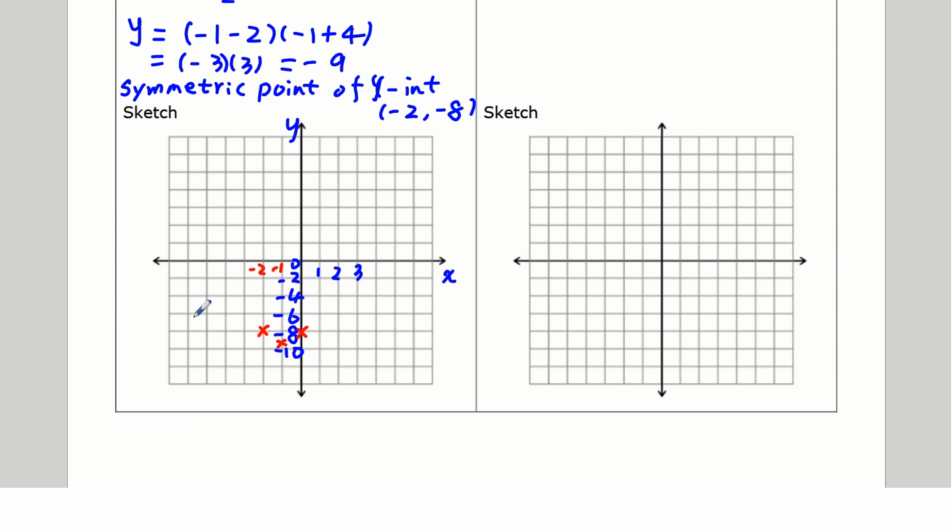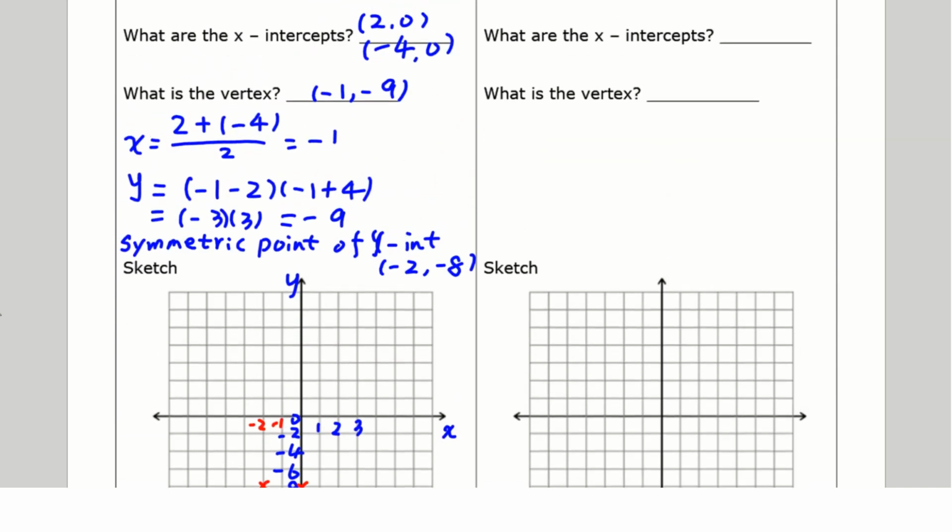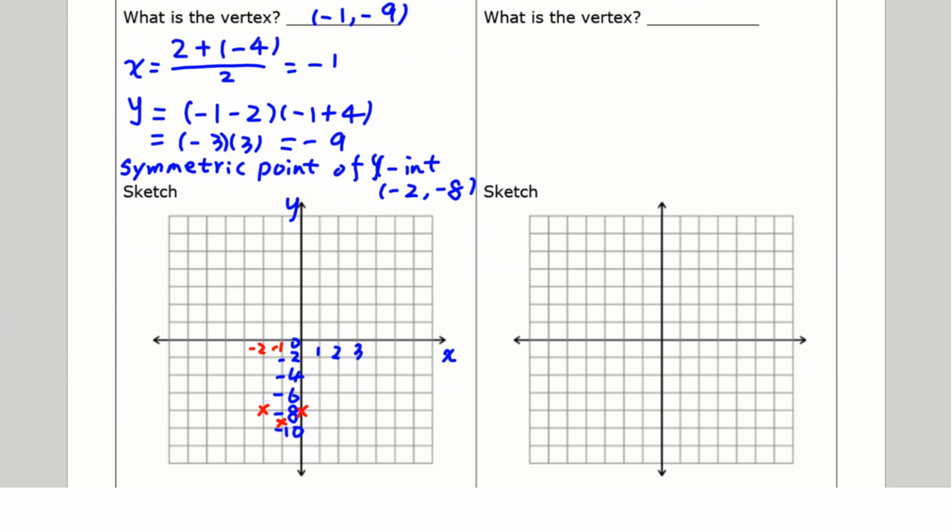And the zeros are 2 and -4. So you have 5 points, and just connect them. Okay, so this is how you graph it.